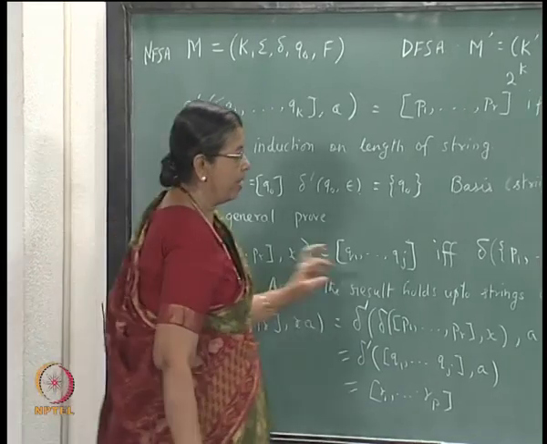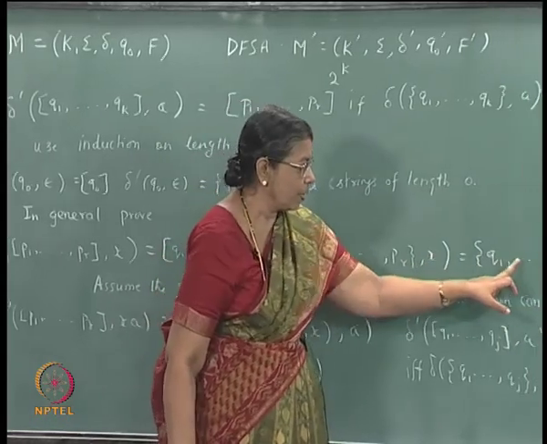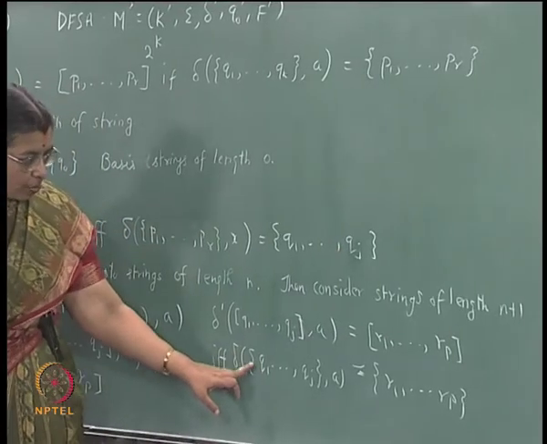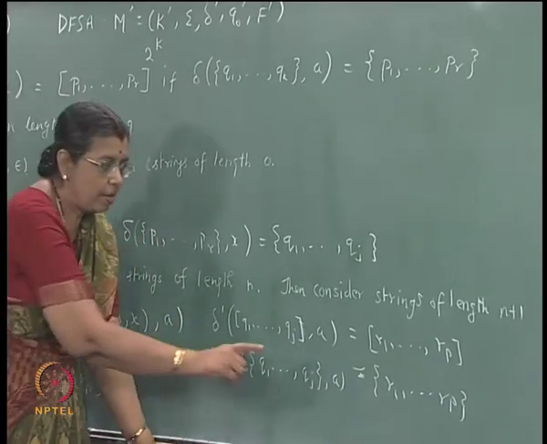But we have delta of P1 P2 PRx is equal to Q1 Q2 Qj, and delta of Q1 Q2 Qj, please note that they are subsets, A is equal to R1 R2.